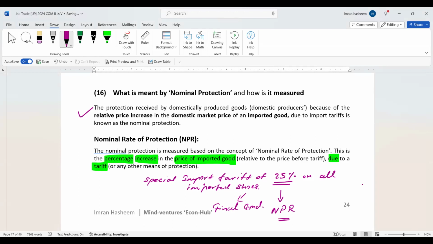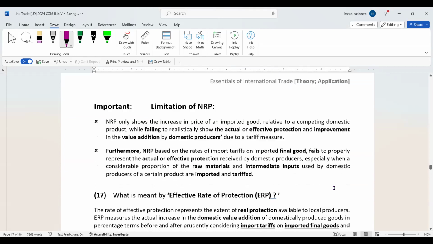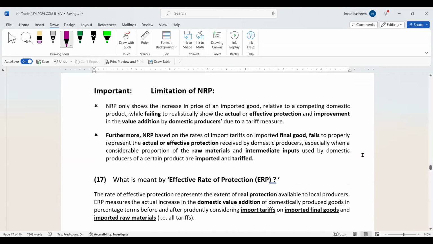So nominal rate of protection is not very comprehensive. It only looks at the tariff on the final good and doesn't show us the impact on the value addition. Therefore, understanding these limitations, which I've explained here, I'm not going to go through them point by point, but if you read, you will see this is what I explained. Because of these limitations, we argue, right?